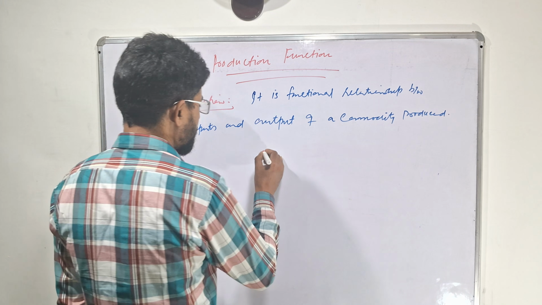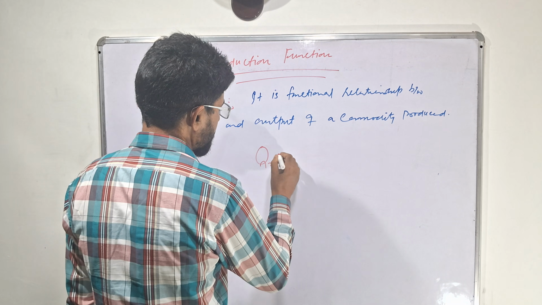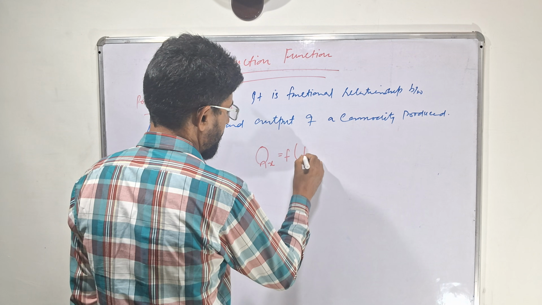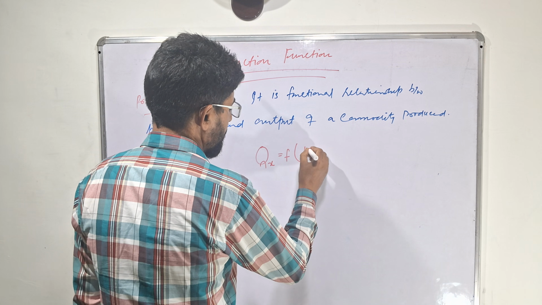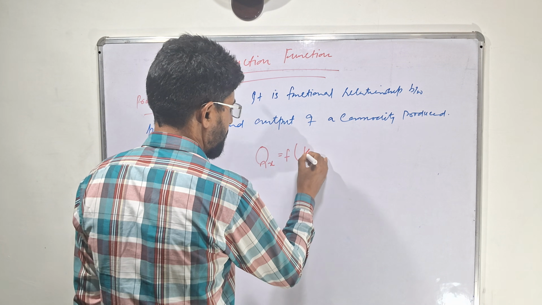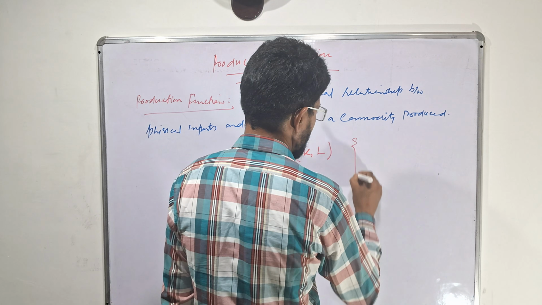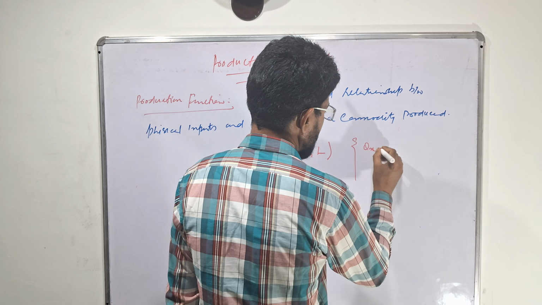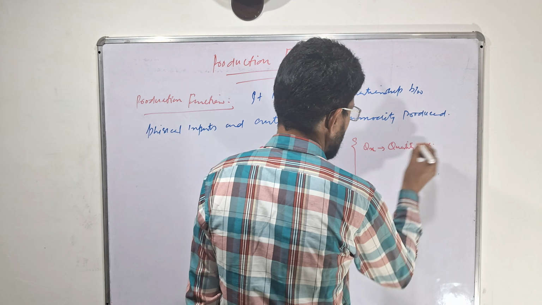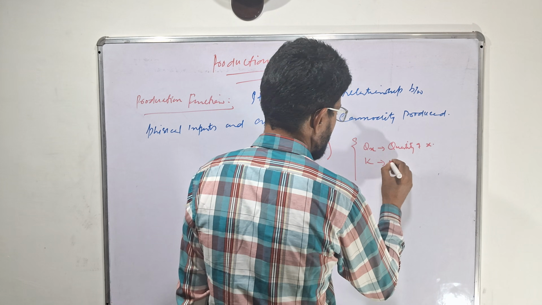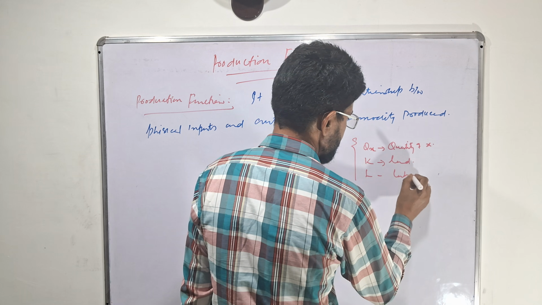We generally write the production function: quantity of X is a function of land and labor. Land I will stand with K for understanding purpose, L stands for labor. QX stands for quantity of X, K stands for land, L stands for labor.